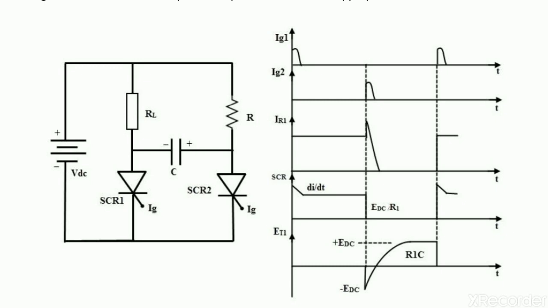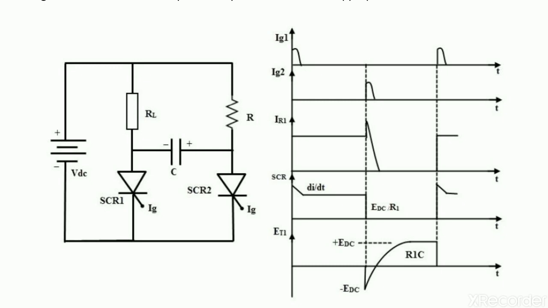The current path will be from the DC supply, load resistance RL, capacitor C and SCR2, and there is another path from VDC, resistance R2 through SCR2 and again VDC. At that point the capacitor will fully charge with polarity positive on the left plate and negative on the right plate.